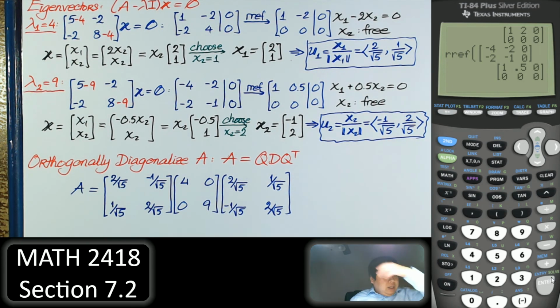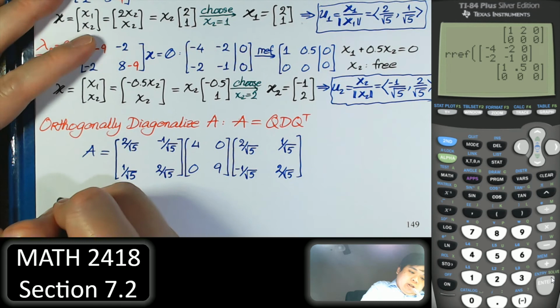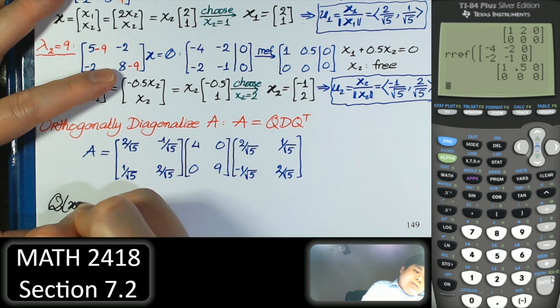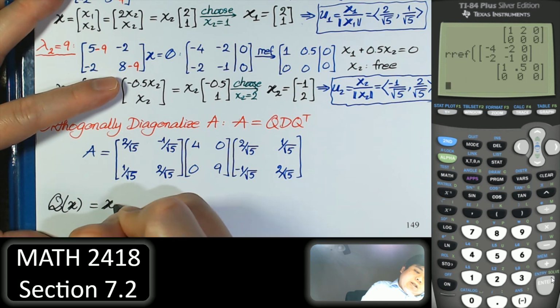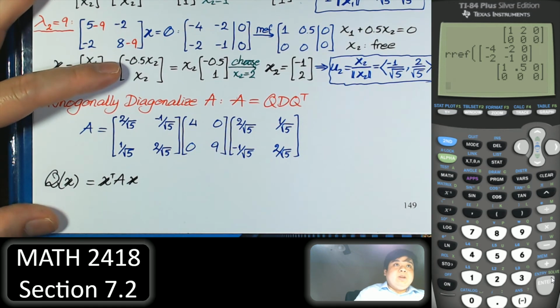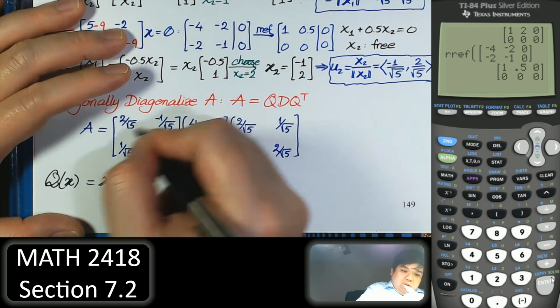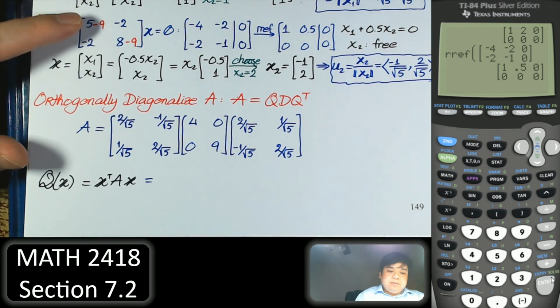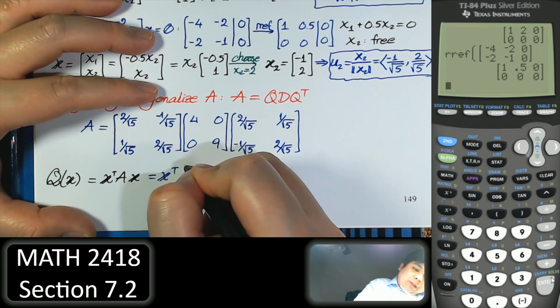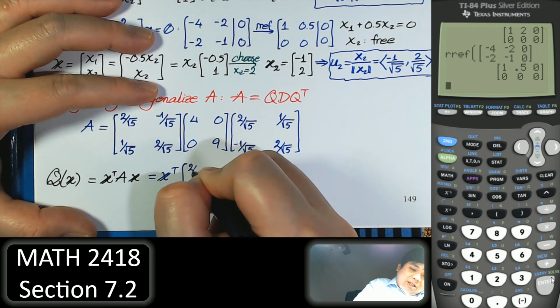Right, and then finally for the quadratic form of X transpose AX, we can write it like this, which we just copy and paste.